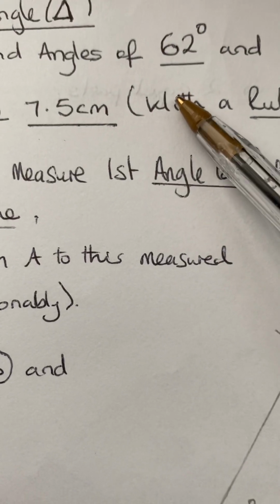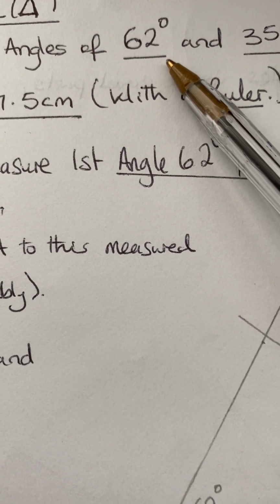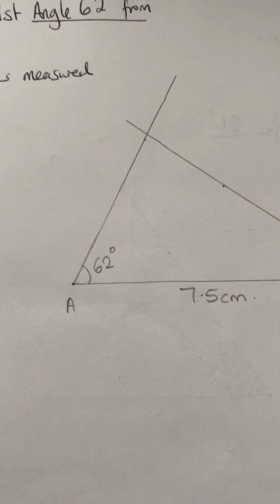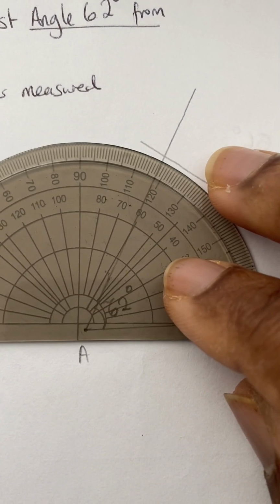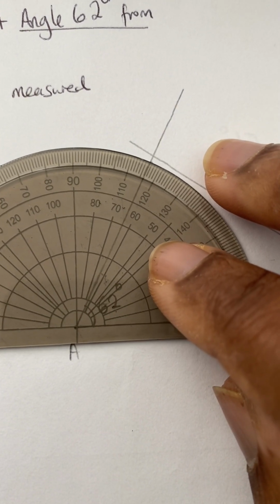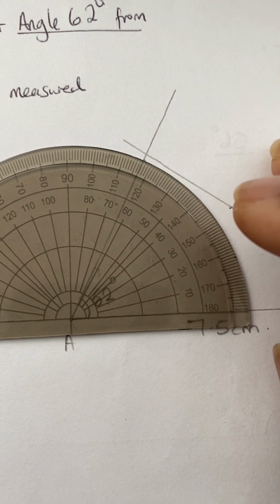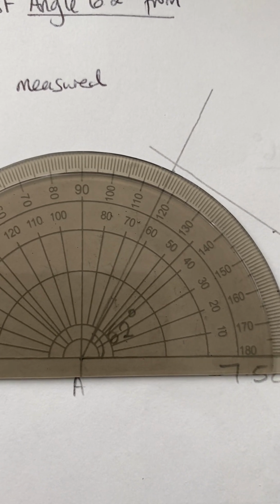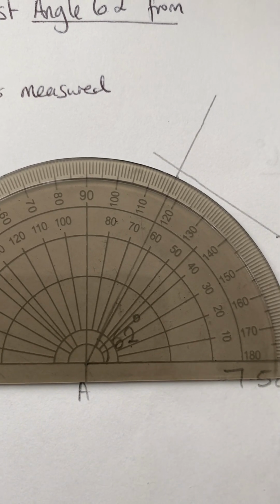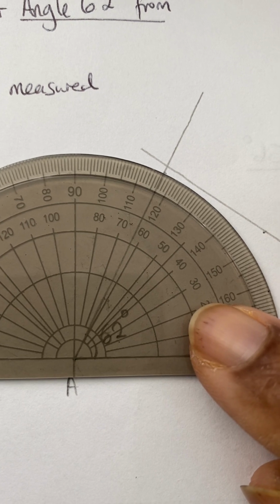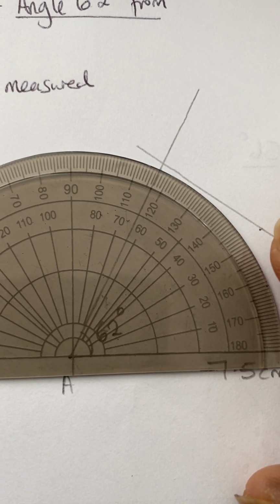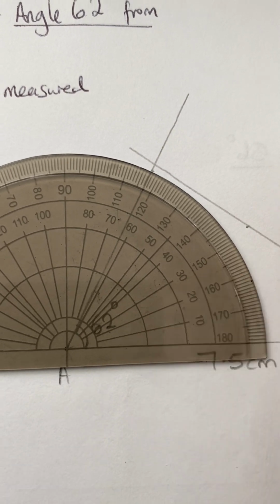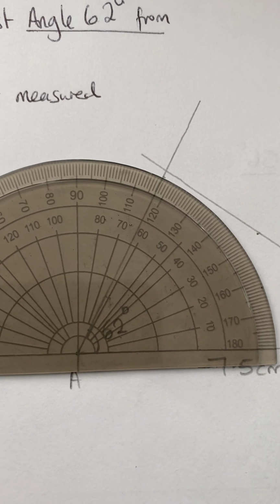Now, the angles I'm supposed to use to construct is 62 degrees. So at one end, I will start with a larger angle. Okay, 62 degrees. So now, if you look at it perfectly, okay, you can see that this angle here is 62 degrees.